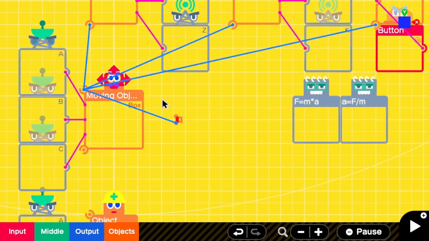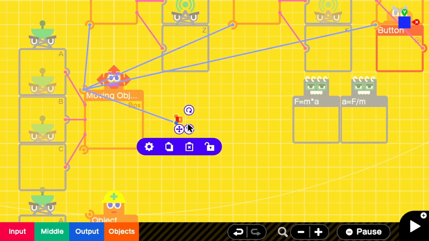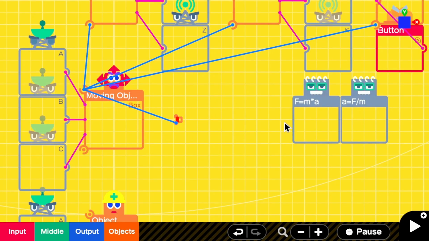So if the input is 1, the force is still 1m, but the total mass is now 1m plus 0.5m, which is 1.5m. So the total acceleration will now be around 1 over 1.5, which is a little bit higher than 0.5, but still much lower than the original 1 meter per second that we had earlier.